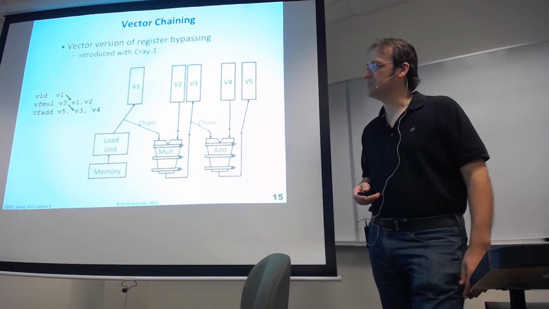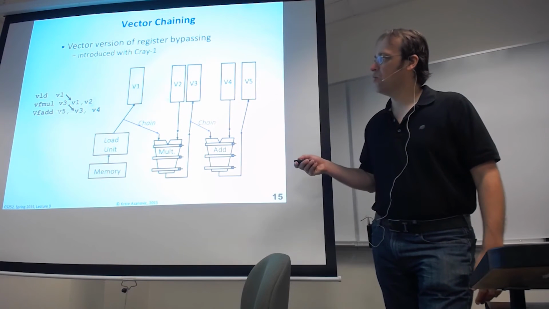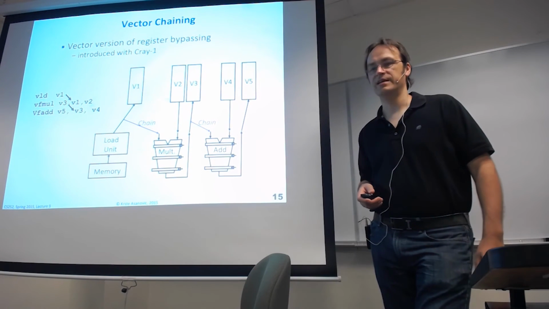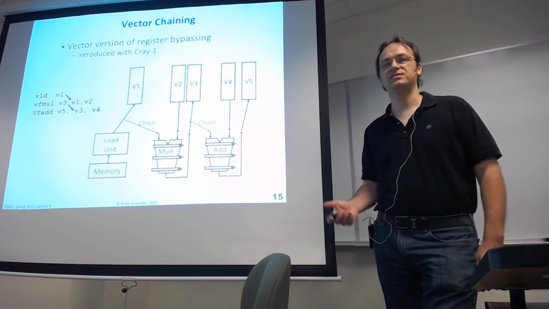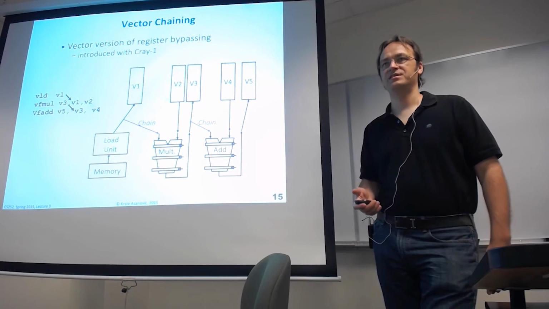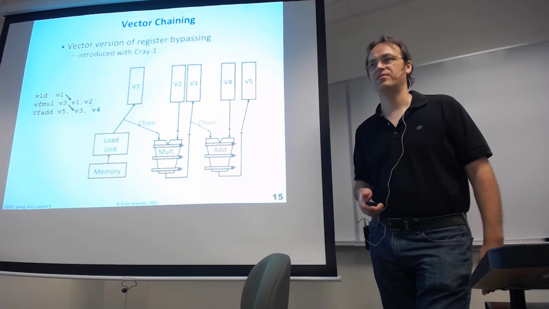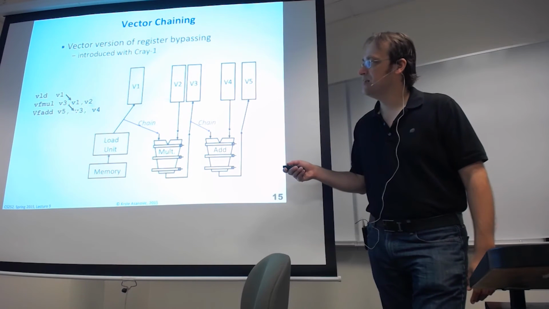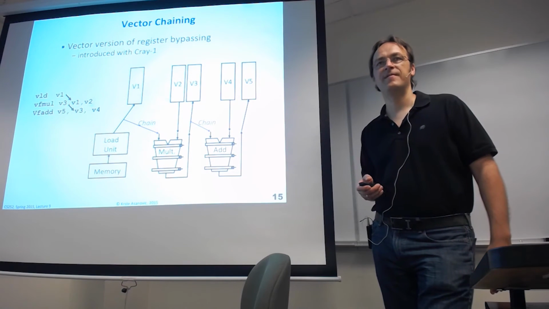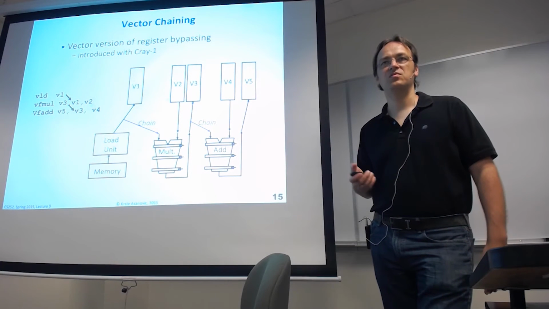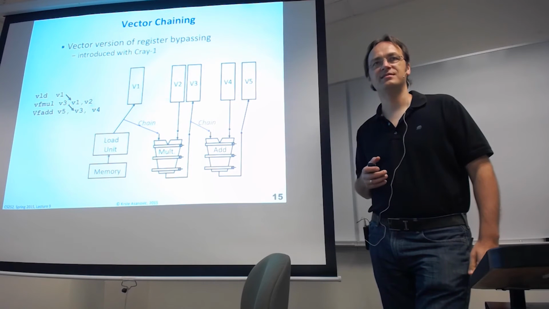Now, the second problem is even more subtle, what if this add was actually an accumulate? So I want to add a vector register to another vector register and store the result in the same vector register. So say this was add V3 to V5 and store it in V5. What's the problem and what should I do about it?